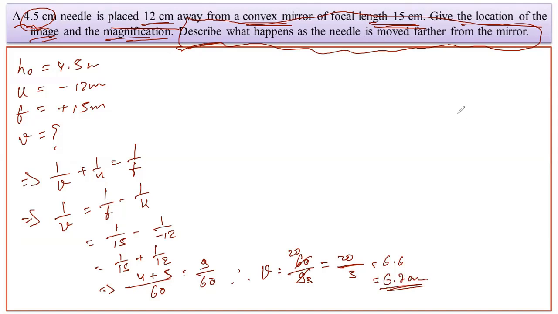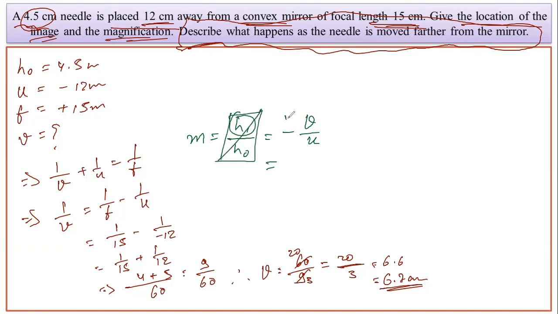Now, the second part, you have to go for the calculation of magnification. So m is equal to hi upon ho. But I don't have the height of the image, but I do have minus v by u. Here I don't need to calculate the height of the image. Hence, I will not use this particular quantity.